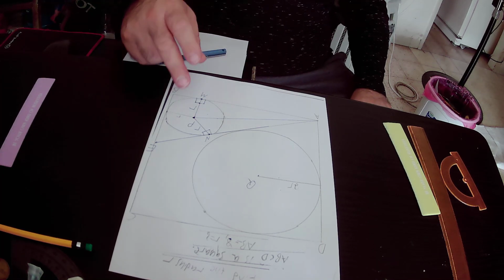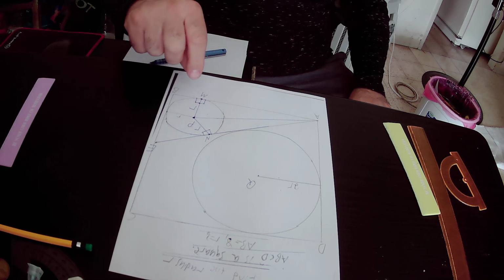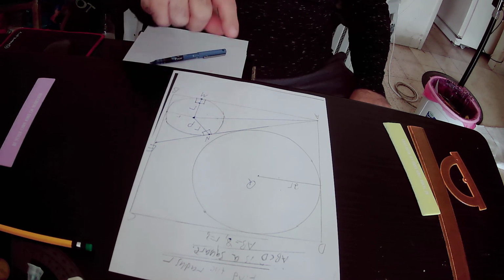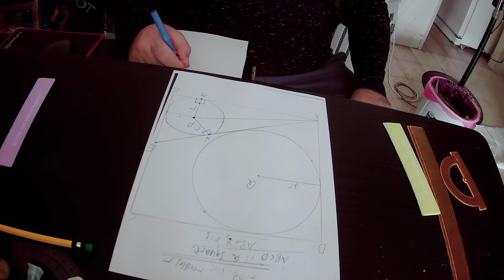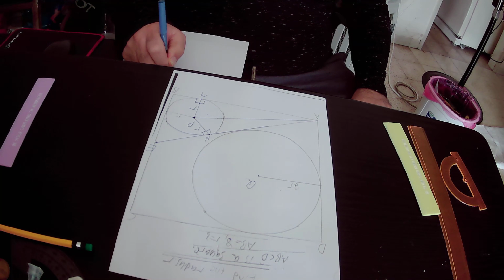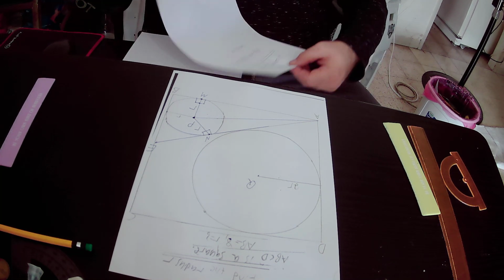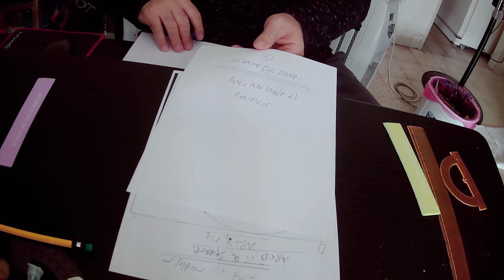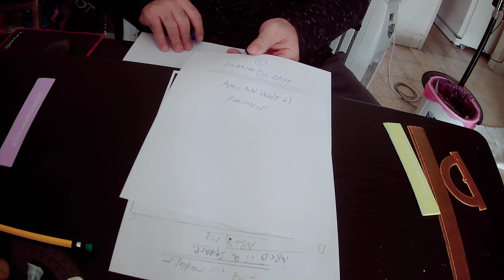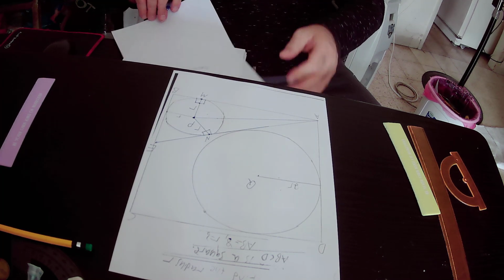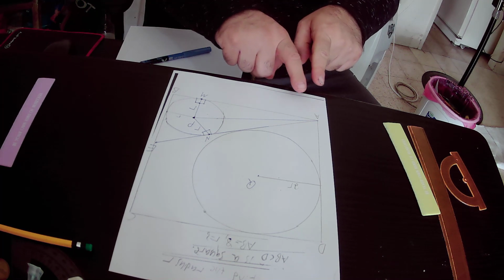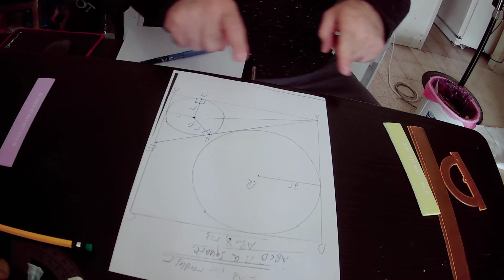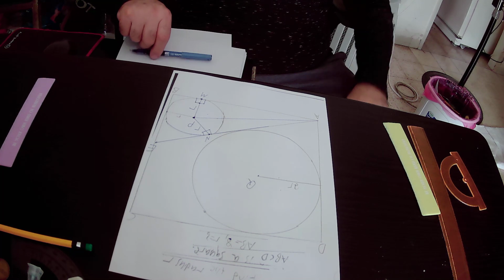And we also know that PM equals PN, which equals the radius of the small circle. And here we have a common side. Side AP is a common side, it belongs to both triangles.